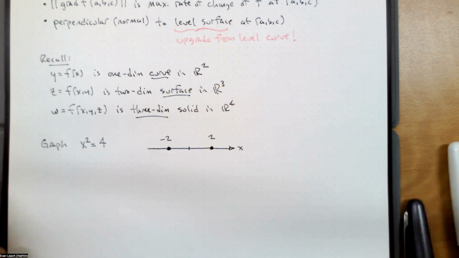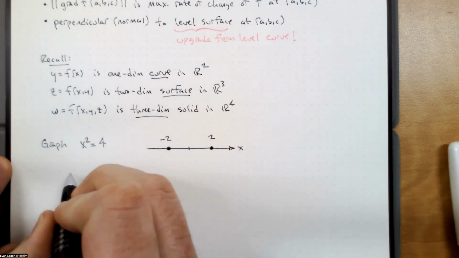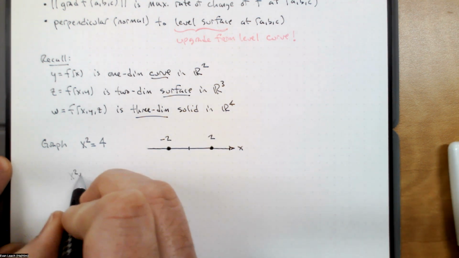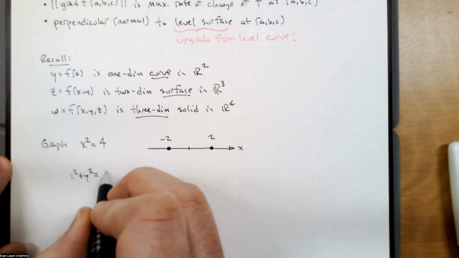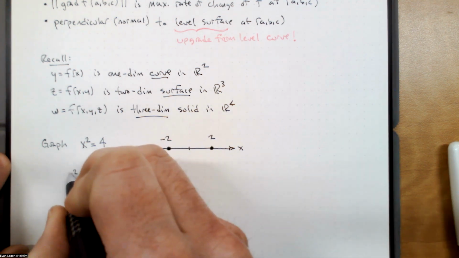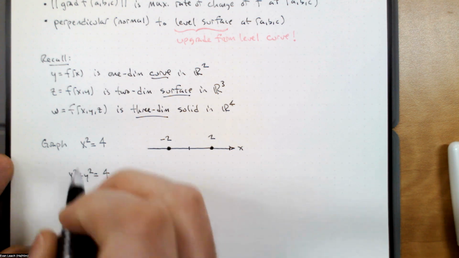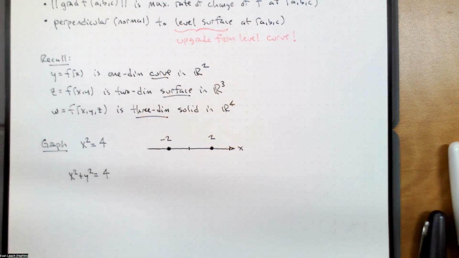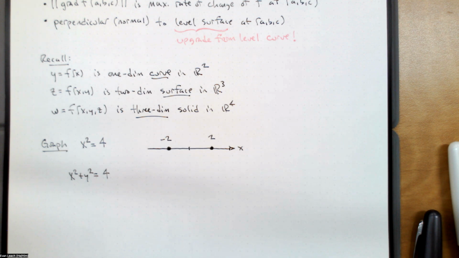What's it look like? I want to graph x squared plus y squared equals 4. What does that look like? I'm going to draw an x-axis and a y-axis, and I'm going to draw a circle with a radius of 2.